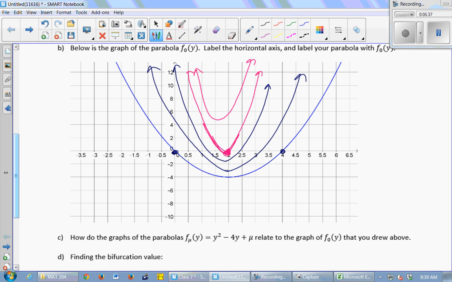No matter what μ is, the x value of the vertex is always 2.